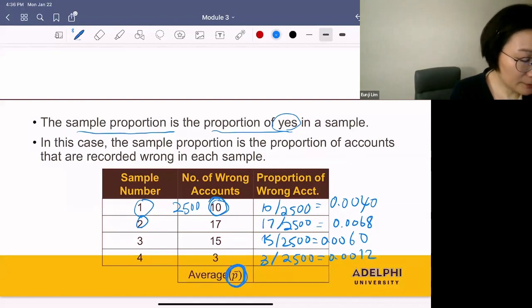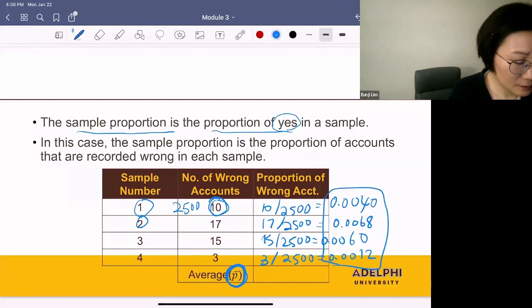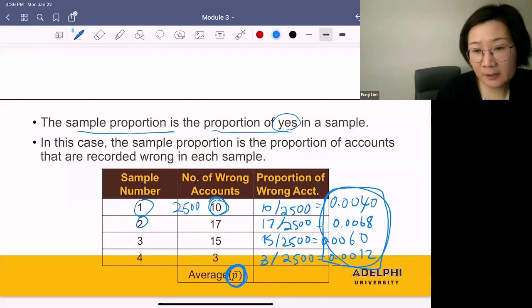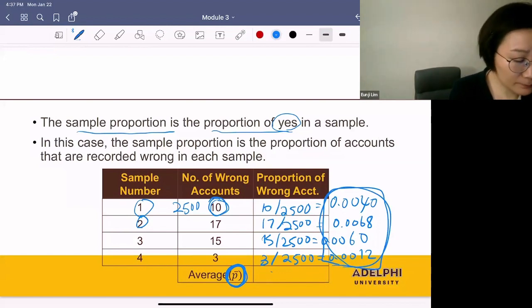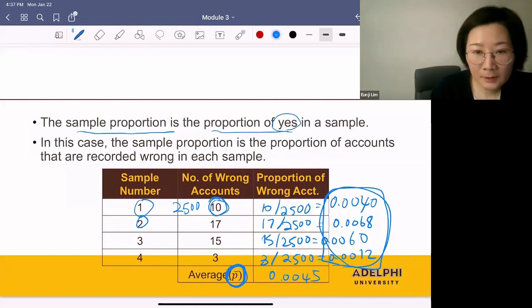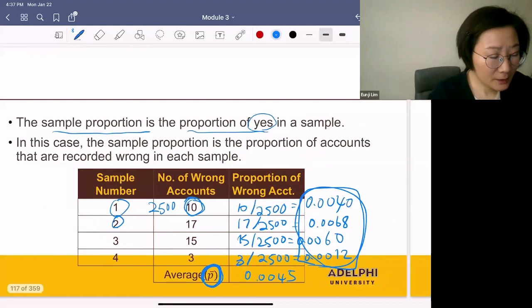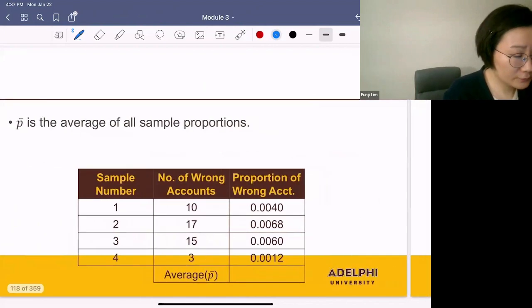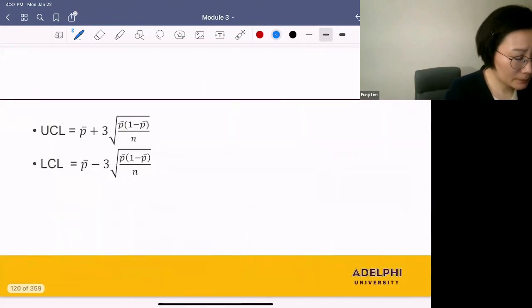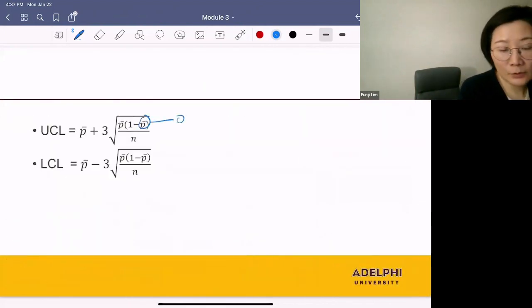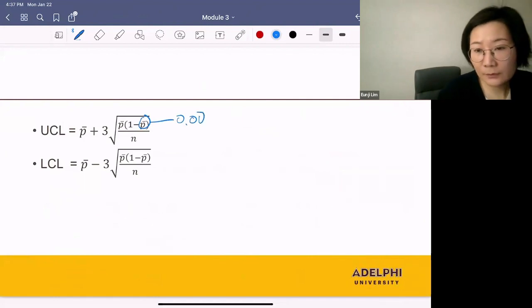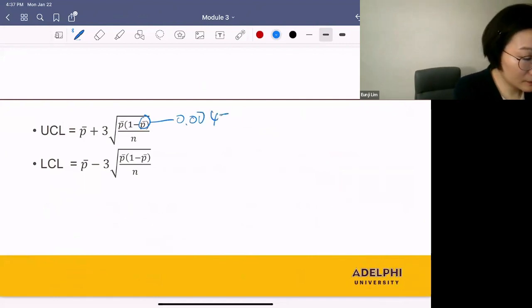This P bar is the average of all the sample proportions. It's the average of all these numbers, so add them up, divide by 4, we get 0.0045. Okay, so that's P bar, and we can plug this into the formulas. P bar is 0.0045, and n is 2,500.